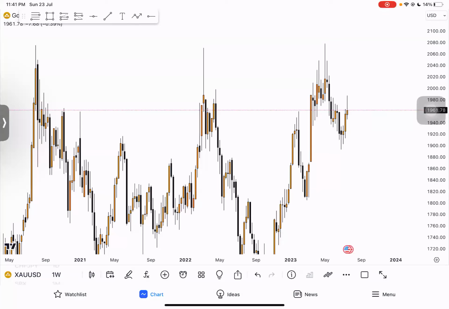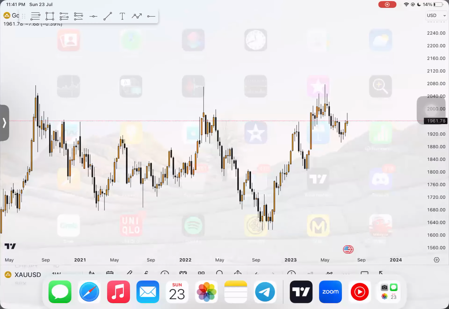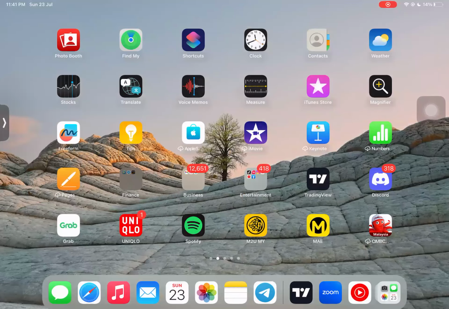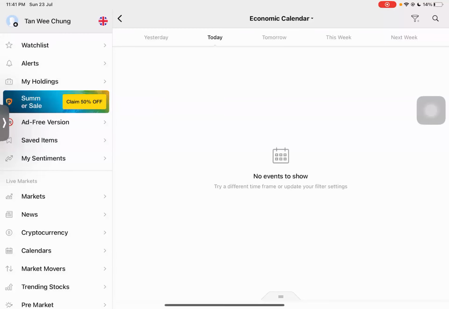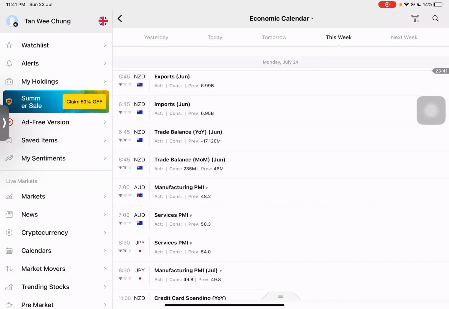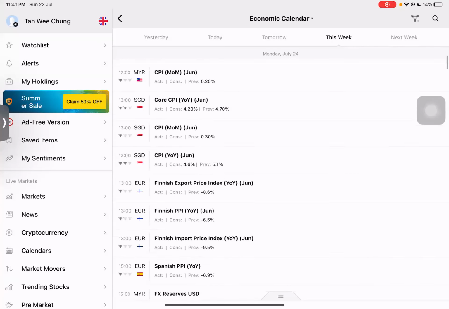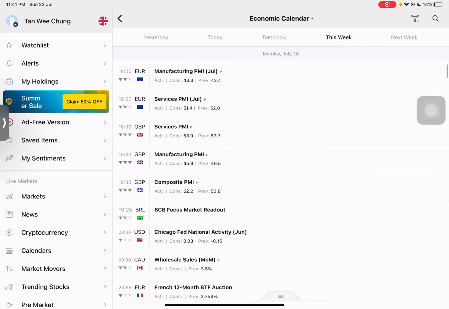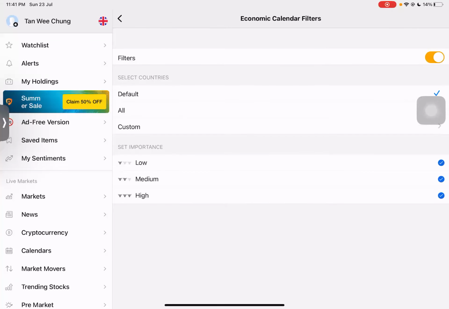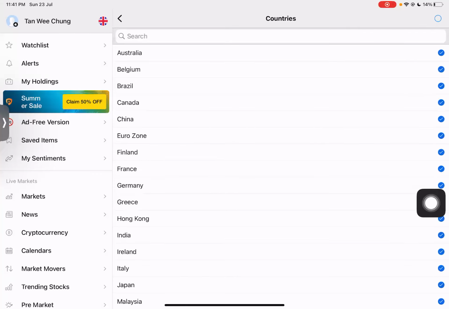Okay, next week, high impact news. What news is that? Let me see first. What is the date? July 24. NZD has news. What is the news for USD? Select country, custom, USD.